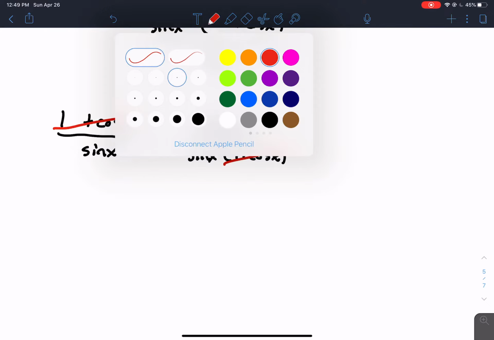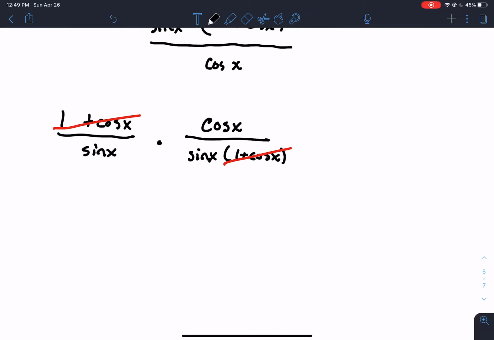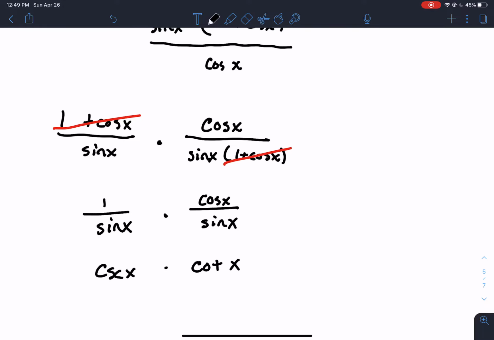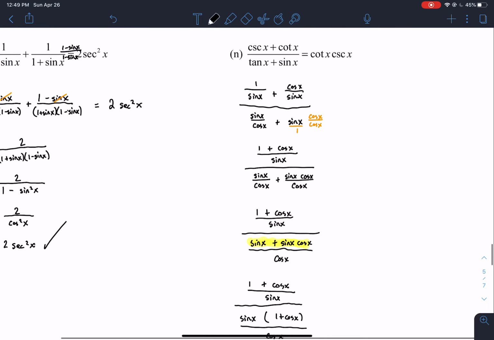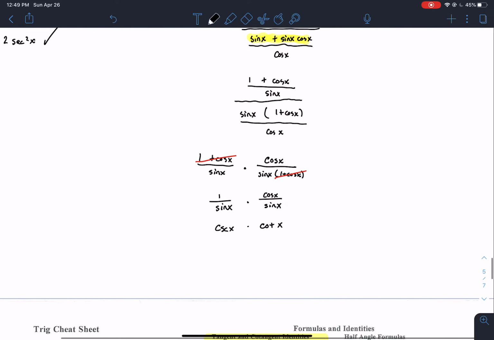So if I simplify out this 1 plus cosine, that leaves me just 1 over sine, and then the second term, cosine over sine. Now, what do you guys know 1 over sine becomes? Cosecant. And then cosine over sine becomes cotangent, which is what we need on the other side.